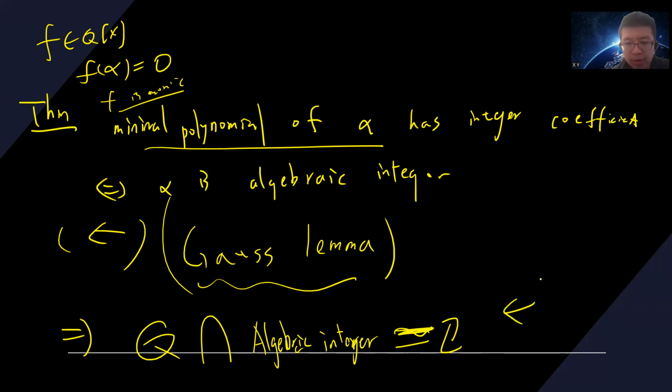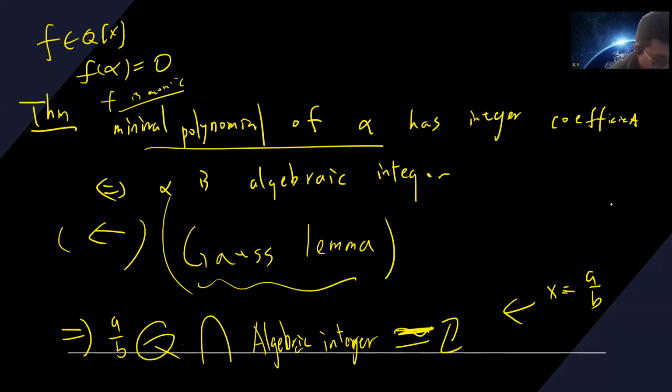The proof is very simple, right? You just use x minus a divided by b. If you take an element of Q, a divided by b, then you consider x minus a divided by b. This is the minimum polynomial of a divided by b. Then by this lemma, if a divided by b is an algebraic integer, then a divided by b must be an integer.